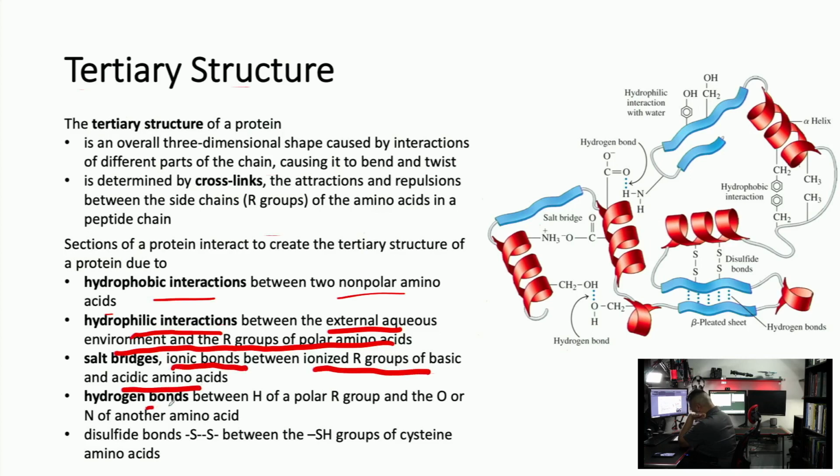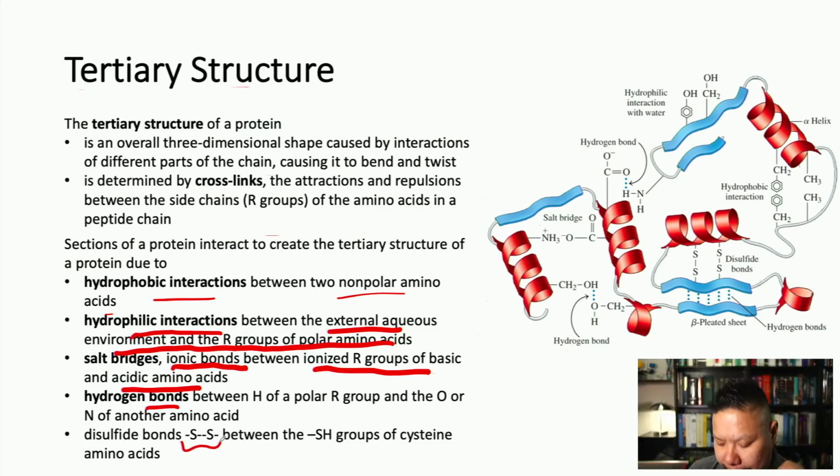And then we have the hydrogen bonding, which we talked about before, between the amino acids that form alpha helices and beta pleated sheets, right? And I already spoke about the disulfide bonds, which are the one covalent interaction that holds three-dimensional structures of protein together. So let's first talk about the hydrophobic interactions.